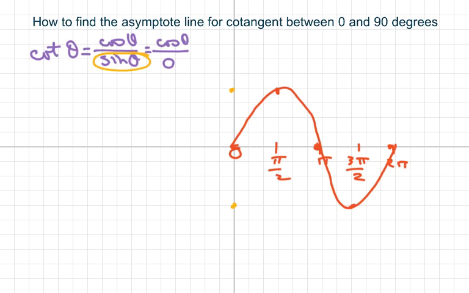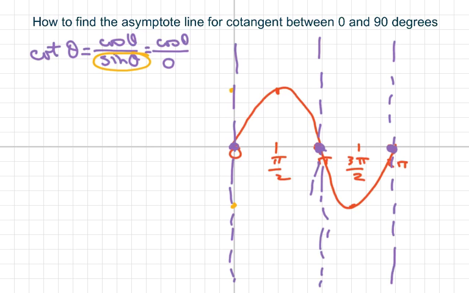If you look at your asymptote lines between 0 and 2 pi, they occur at these zeros. So this generates the asymptote lines. We have one here, one here and one here. Now I'm going to graph cotan.